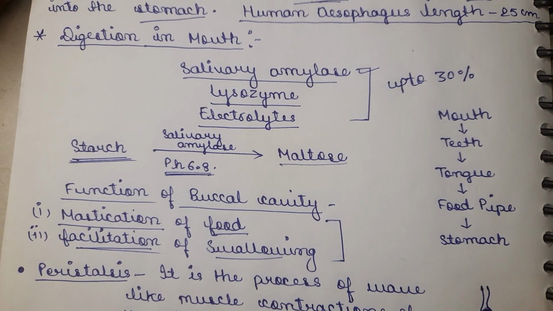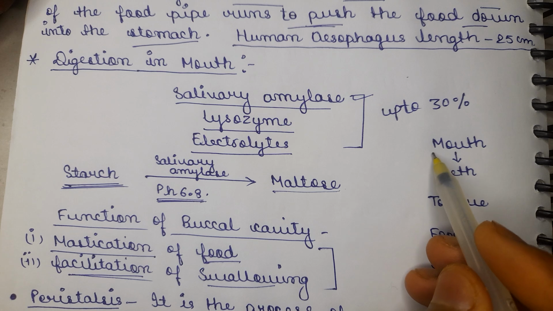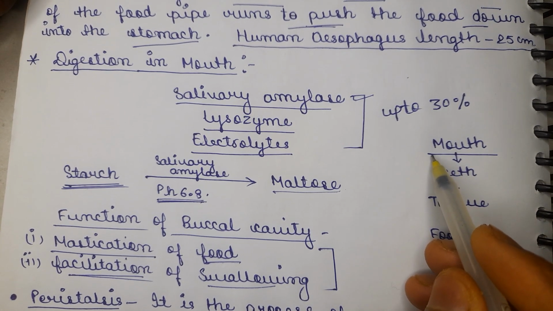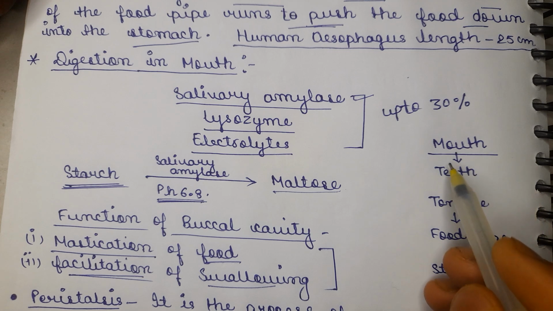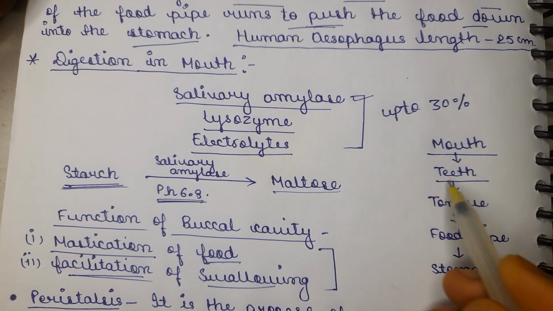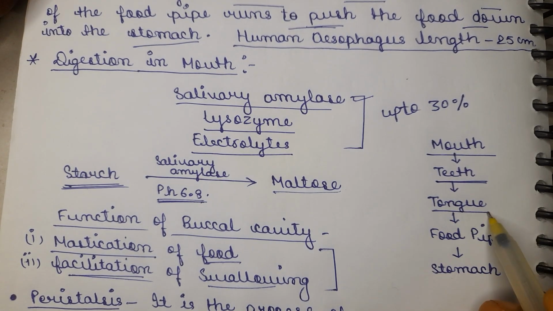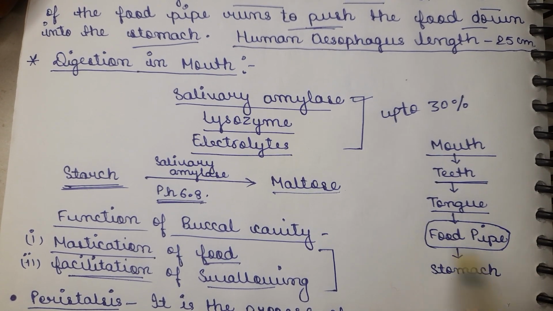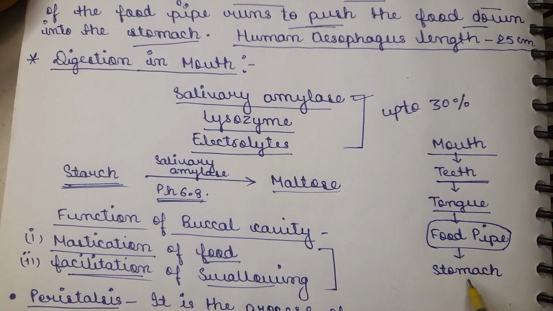So here we have already understood about the mouth. The food gets inside our mouth through the process of ingestion, and the food gets chewed with the help of the teeth, and the tongue helps the food to swallow down, and it passes to the food pipe. So from here we will understand about the stomach.